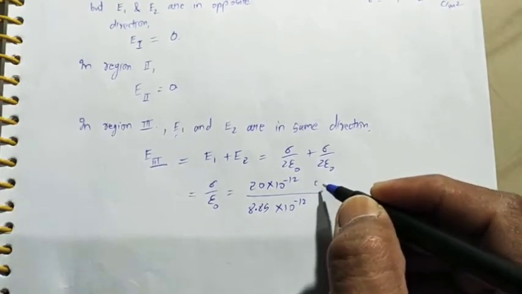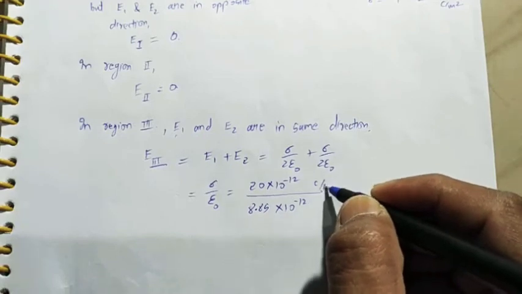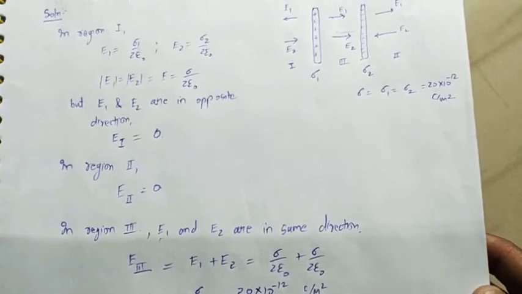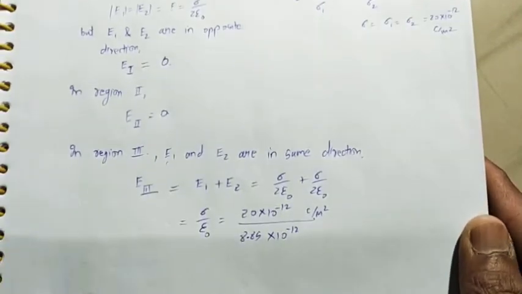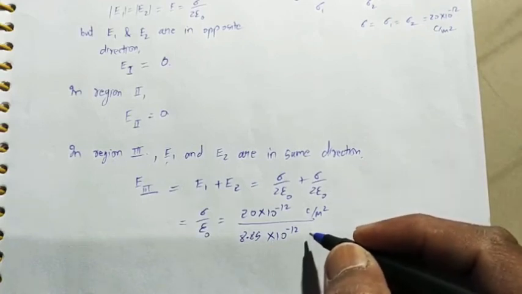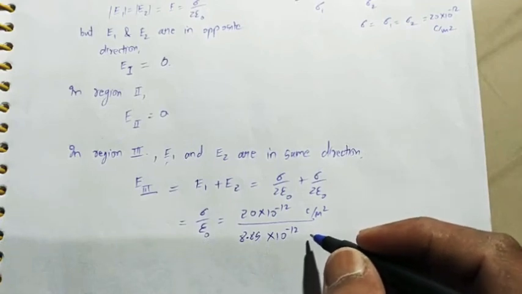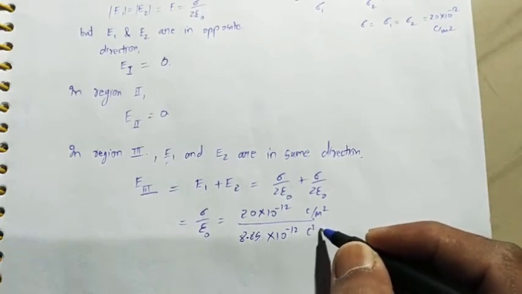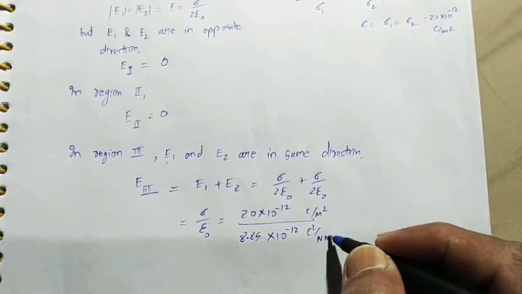Coulomb per meter square. Here, the unit of epsilon naught is actually coulomb square per Newton meter square.